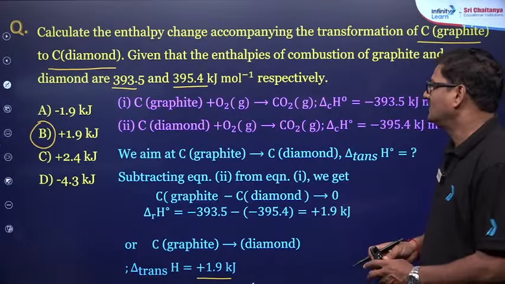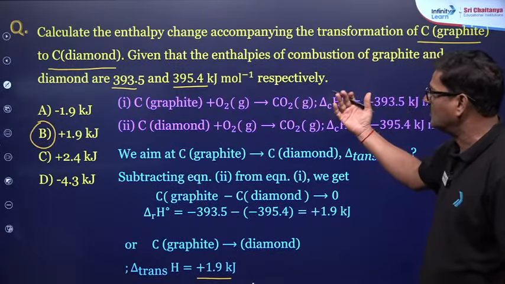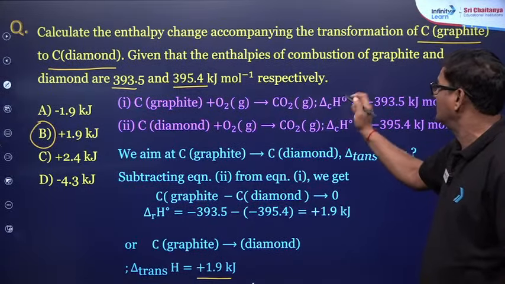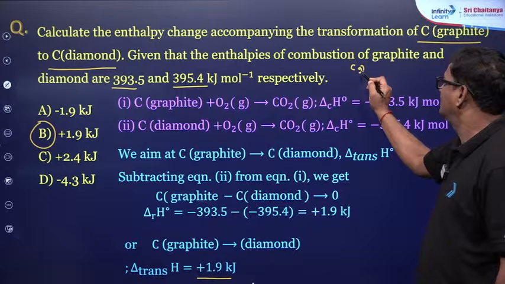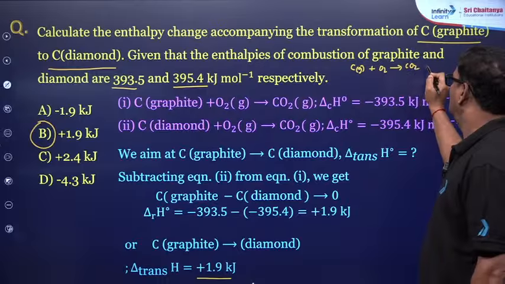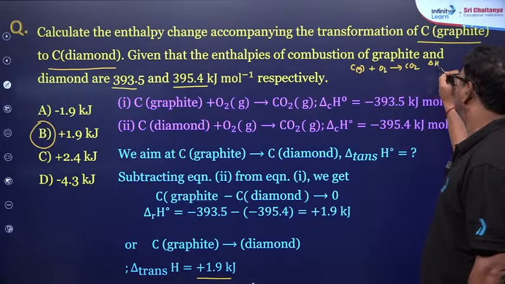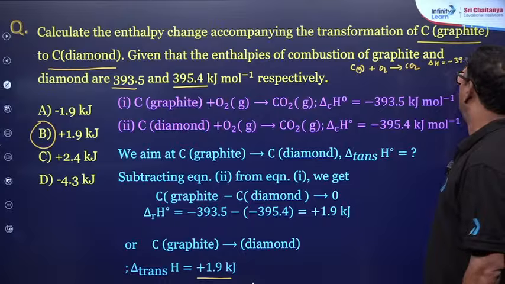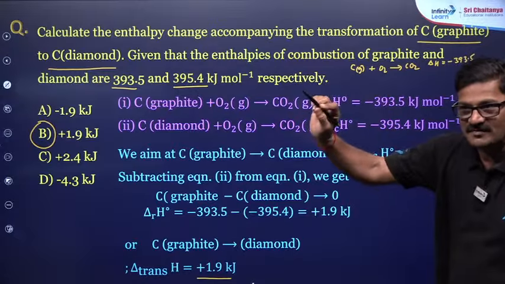Simple, you can say, or otherwise you can write this equation in a different format. C graphite plus O2 gives CO2, so delta H is equal to minus 393.5. In a simplified version I will do it.